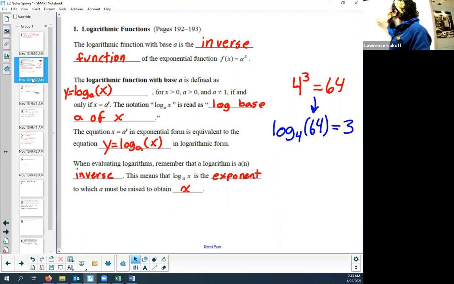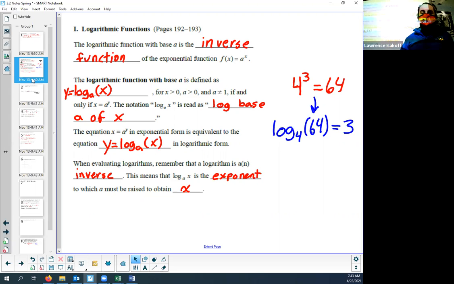The logarithmic function with a base of a is defined as y equals log base a of x, for x greater than 0. We can't plug negative numbers into logs. When you think about exponents, if I square a negative number, it gives me a positive, right?